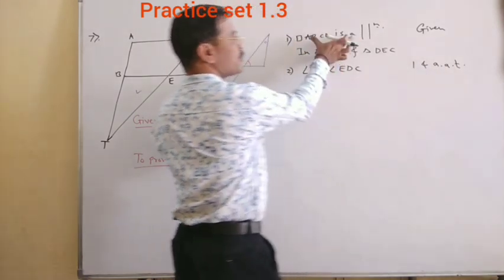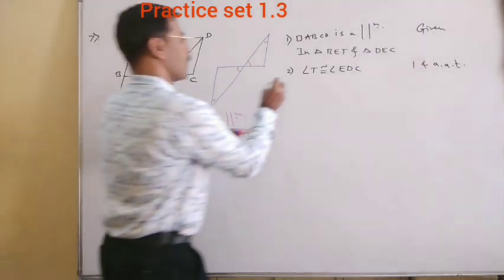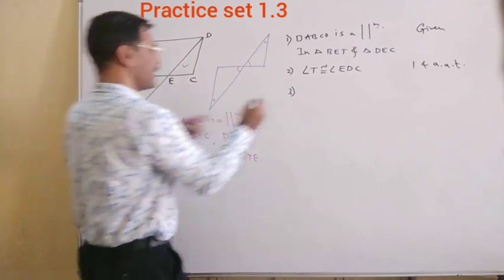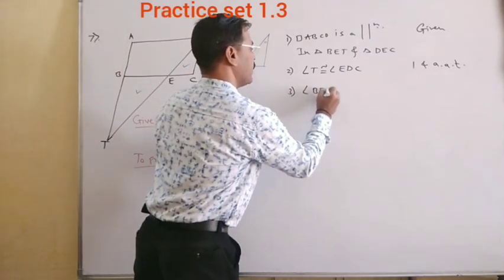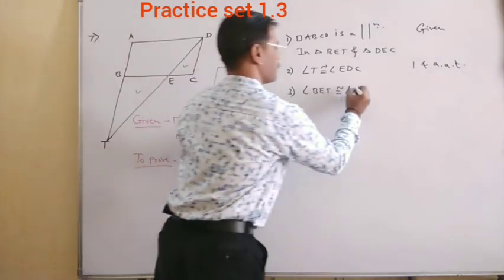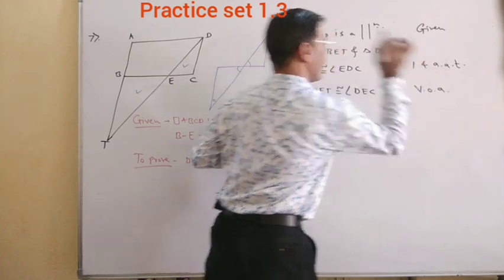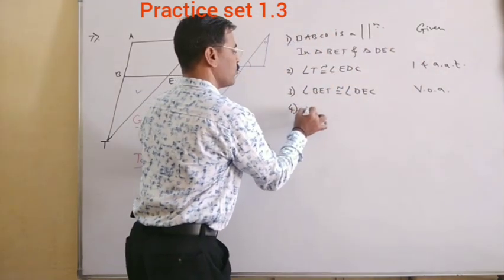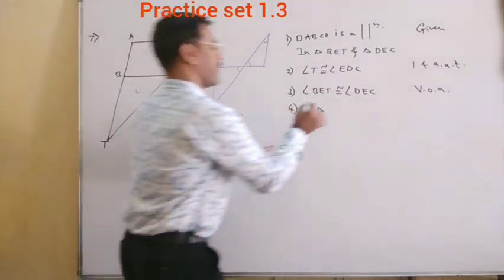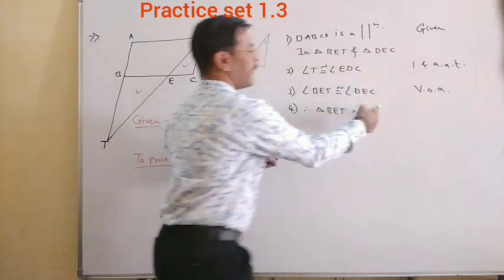From 1, why? Because it is a parallelogram. In a parallelogram, opposite sides are parallel. And now one more angle we have to take here, that is angle BET congruent to angle DEC. This is the vertically opposite angle. Finish. Now the two triangles are similar by AA test. Write first BET as it is, and don't copy as it is.